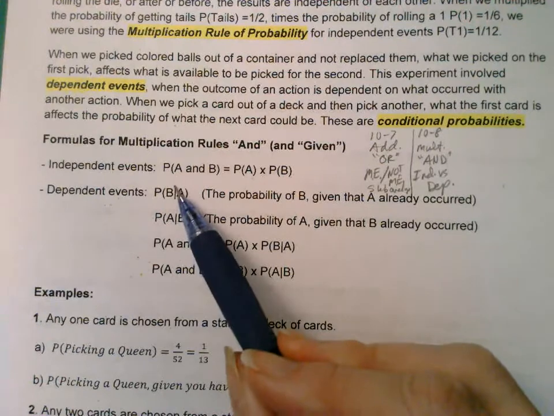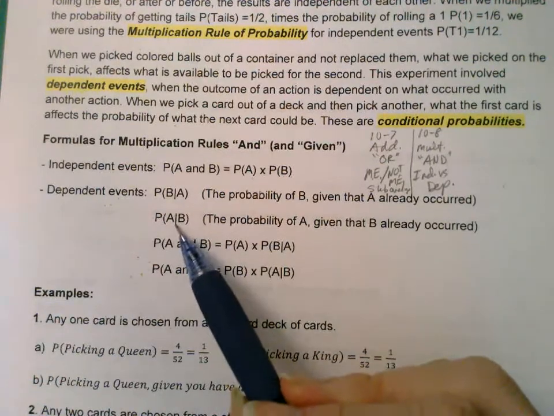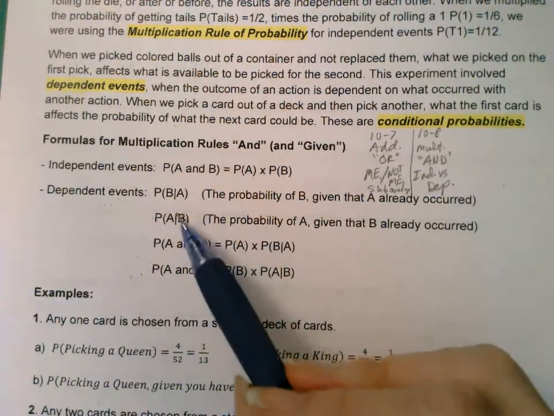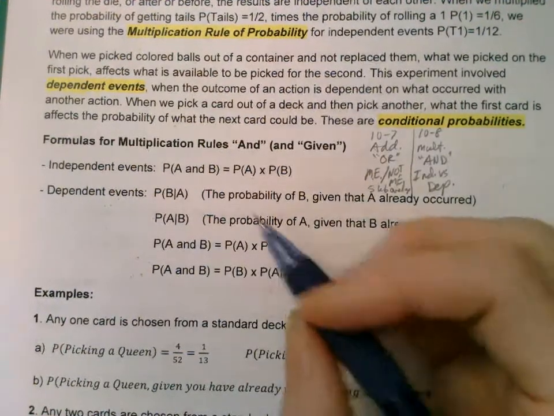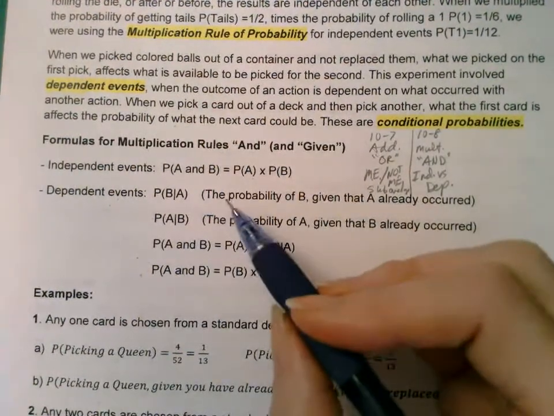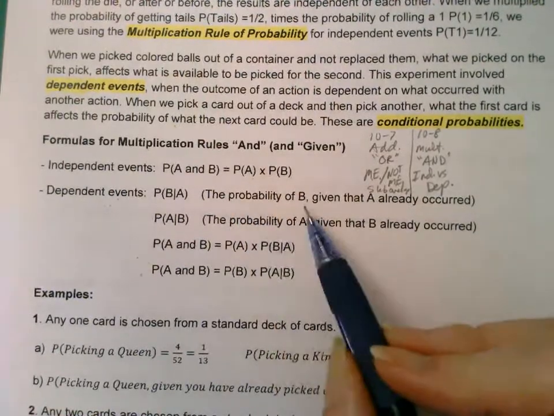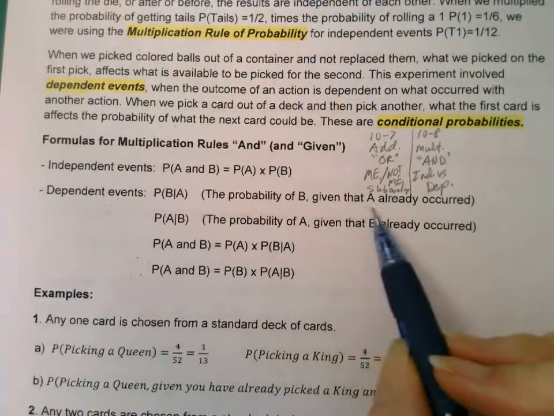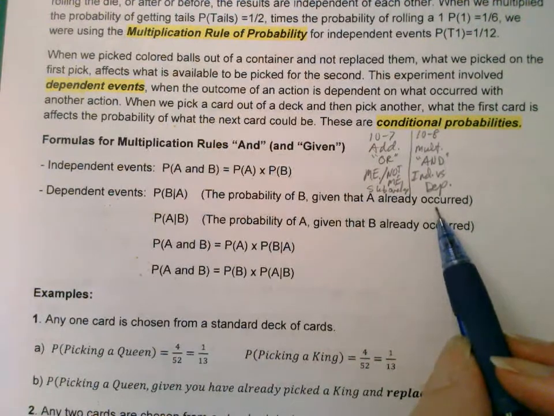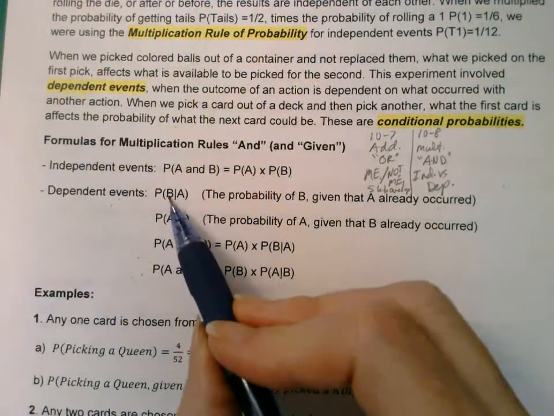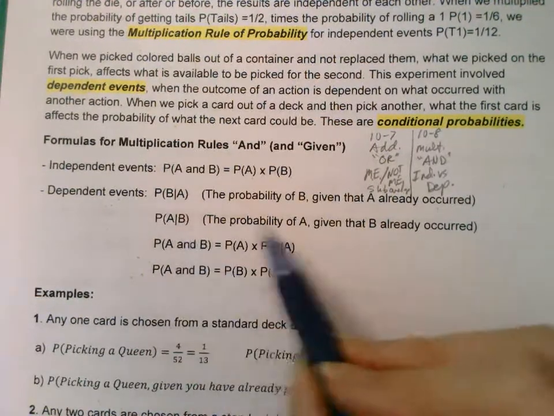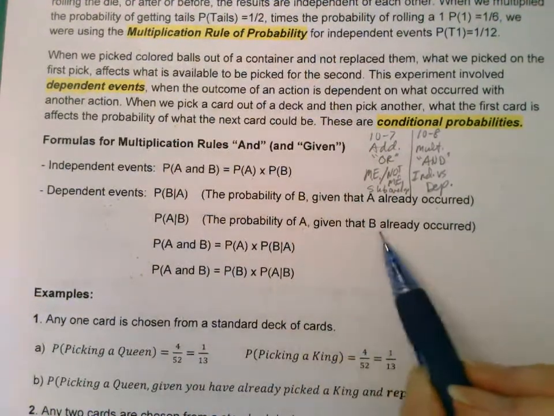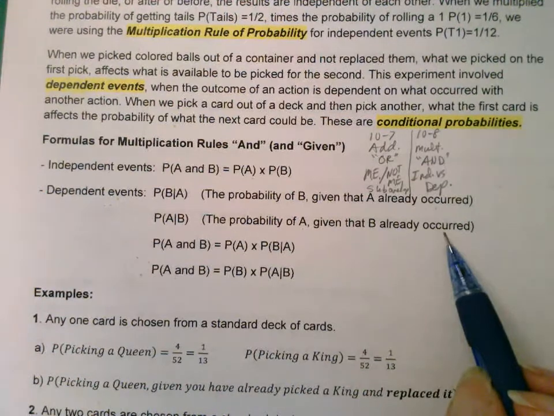The givens are designated by these straight lines. It's kind of like an absolute value bar, is how I had to type this in. You might see it slanted a little. Either way, it means the probability of B, given that A already occurred. When it's written the other way, it's the probability of A, given that B already occurred.